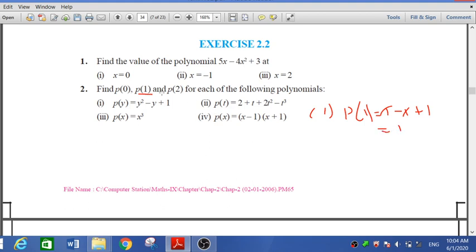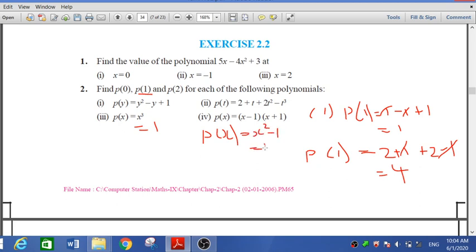Now in the second, P of 1, so again P of 1. So 2 plus 1 plus 2 minus 1, plus minus cut, so the answer is 4. Here P of 1, so the answer is 1. Here x square minus 1, P of x is equal to x square minus 1.